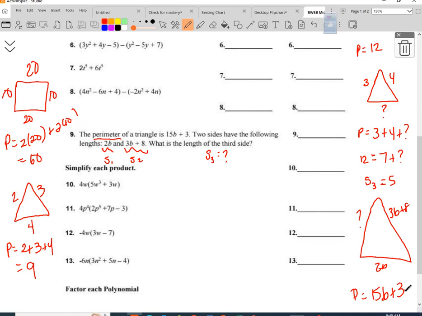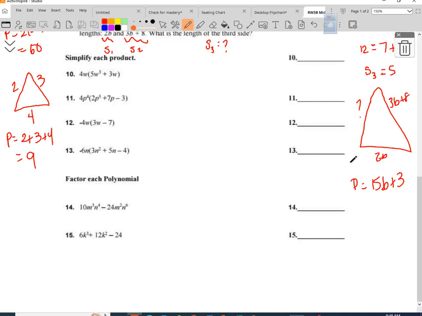So what would we do to find that side measure? You follow with me, Brandon? Up there, when we had actual numbers, we added the 2 sides together and subtracted from the perimeter. That's the same thing we're going to do here.